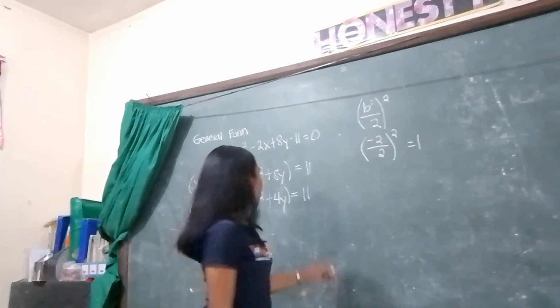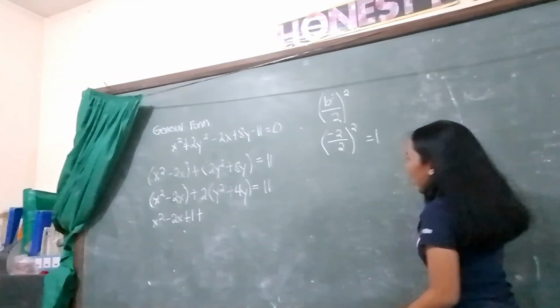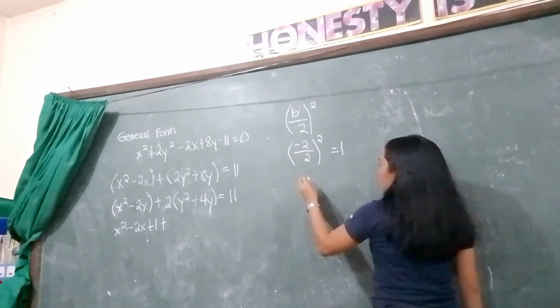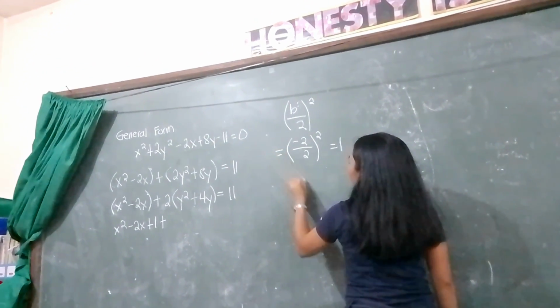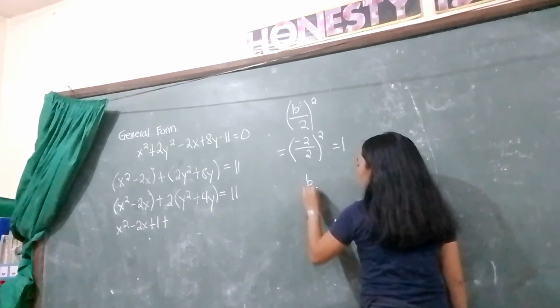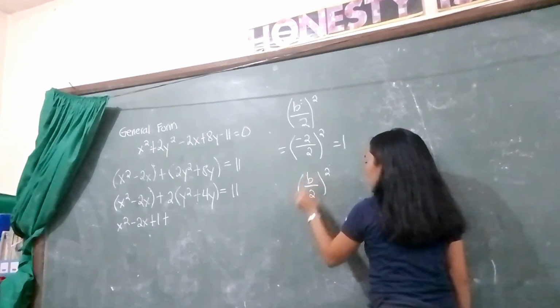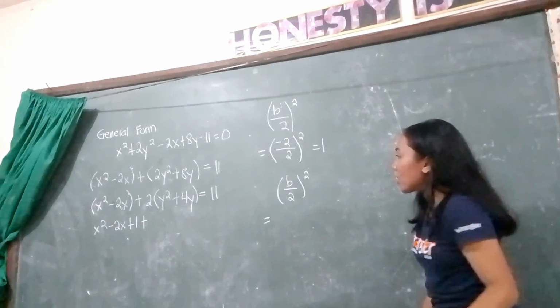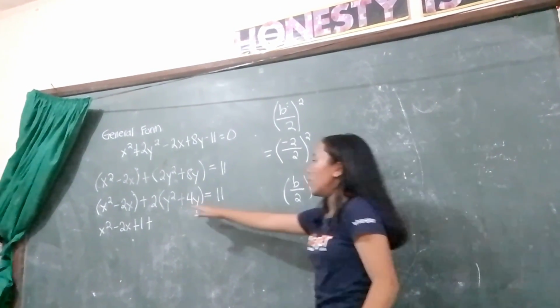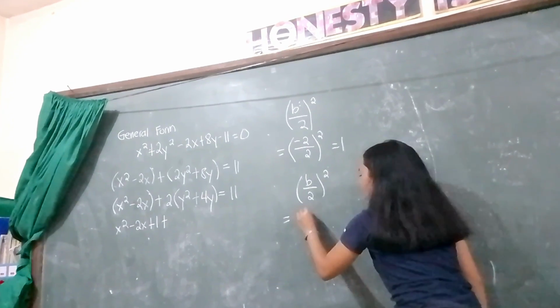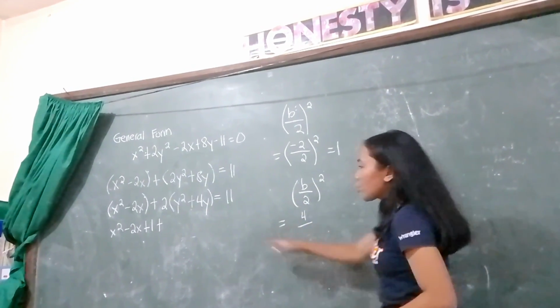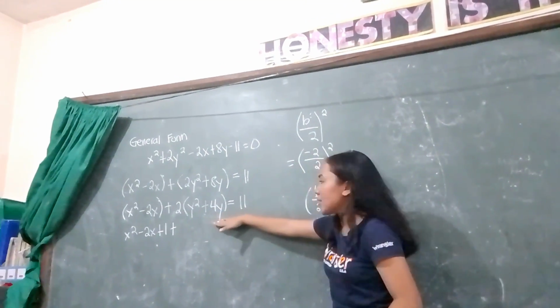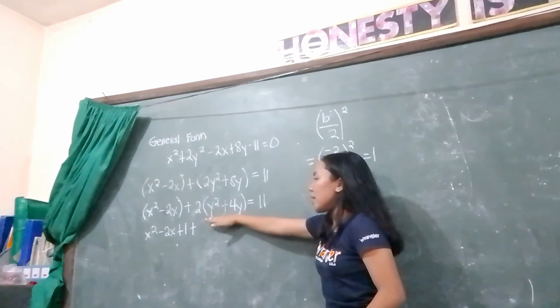And for this term, we have b all over 2 raised to the power of 2, where our coefficient is 4. So for completing our square, the coefficient in this term is 4.